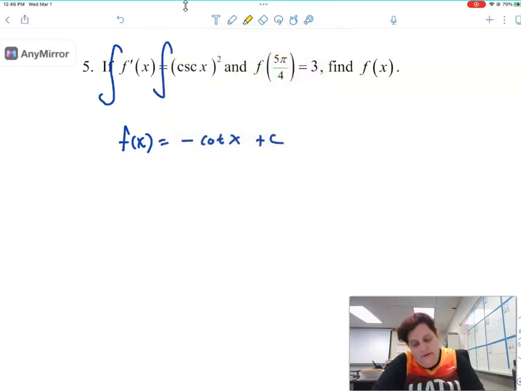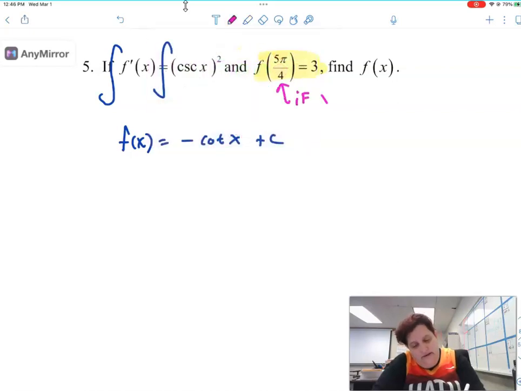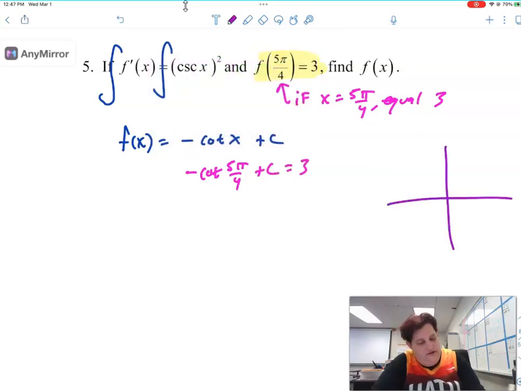And then, do you guys remember this is how we are allowed to find c? And what it says is if x is 5 pi over 4, f of x should equal 3, okay? So negative cotangent of 5 pi over 4 equals 3. Let's see, we have to figure out what the cotangent of 5 pi over 4 is. In order to get that, what I need is the tangent of pi over 4. And I know that the tangent of pi over 4 is 1.